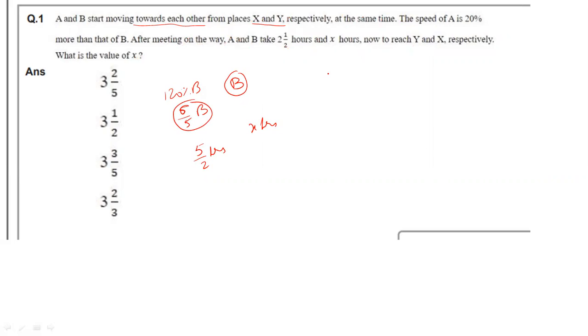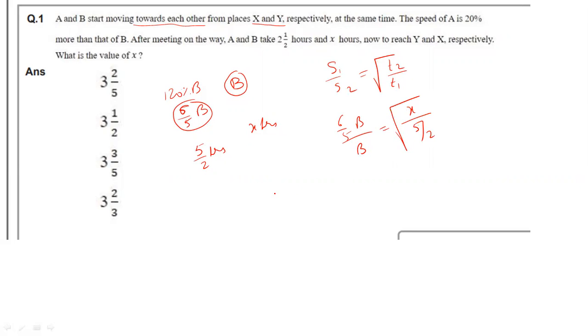In this, we always know that the first person's speed to the second person's speed will always be equal to the ratio of the times of the second person and first person taken under square root. So A's speed, let us say, 6 by 5 B, by B's speed should be equal to the ratio of the second person's time by the first person's time under square root.